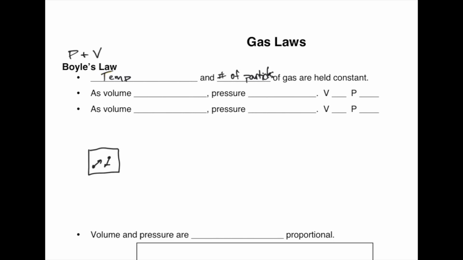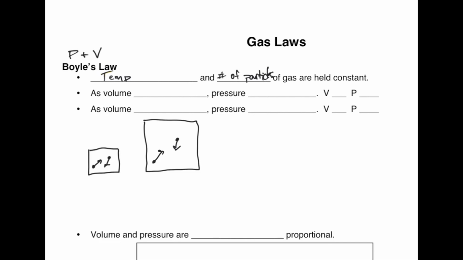And let's say that we change the volume to something like this. If we work off of our definition of pressure as being the rate at which particles collide into the walls of their container, then we should be able to see that as the volume increased here, the rate at which the particles collide with the walls of the container, or the pressure, is going to decrease.